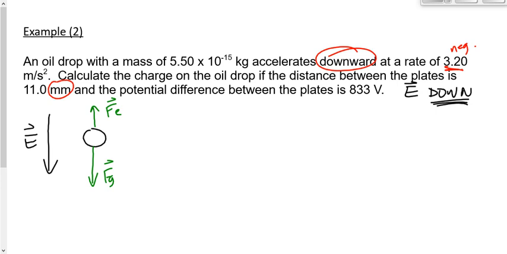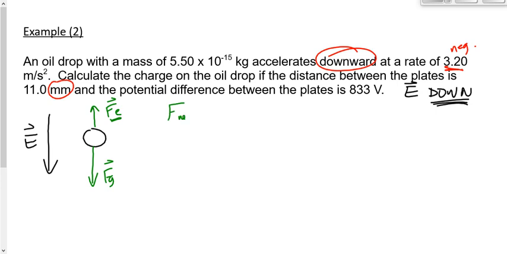Well, if it accelerated just because of gravity, it would accelerate downward at 9.81. It does accelerate downward still, but less than 9.81. So something, that something being the electric force, must counter that gravity. It's got to be the electric force pointing upward, but yet it's got to be a smaller value than gravity, otherwise it would accelerate upward.